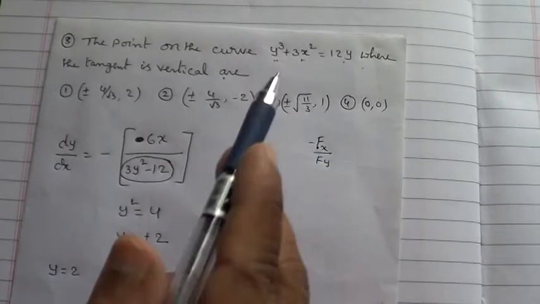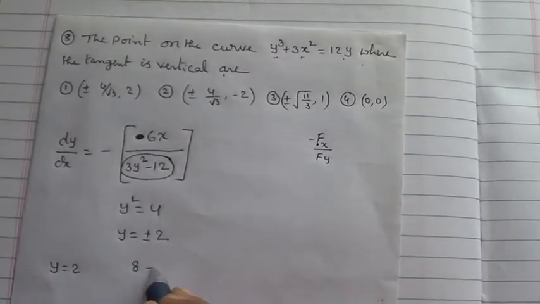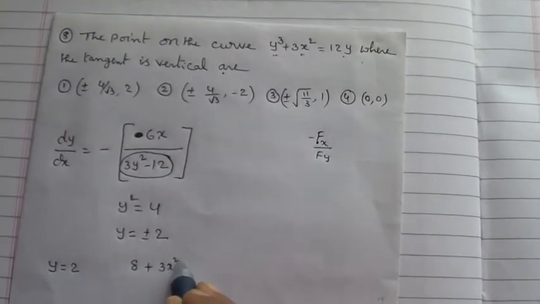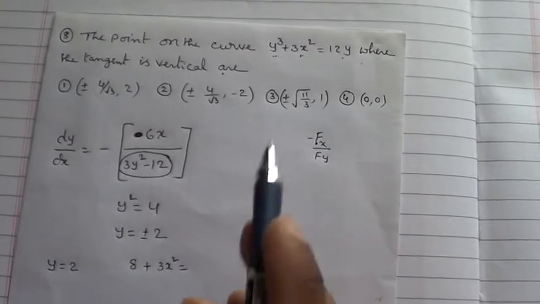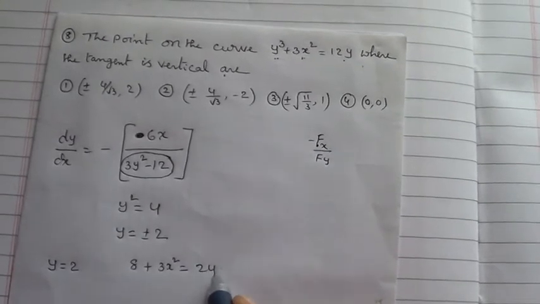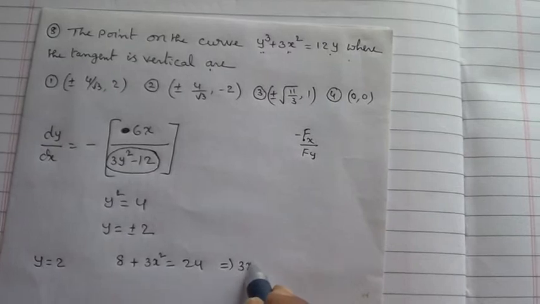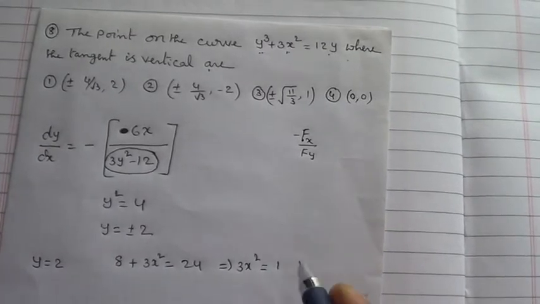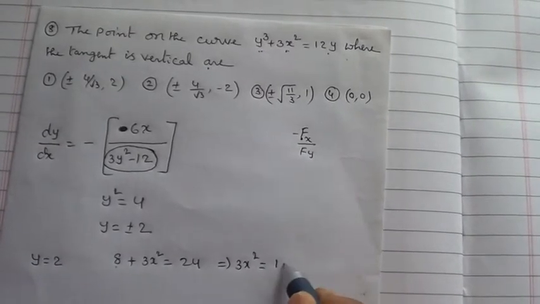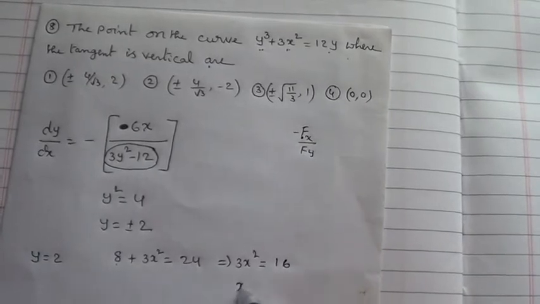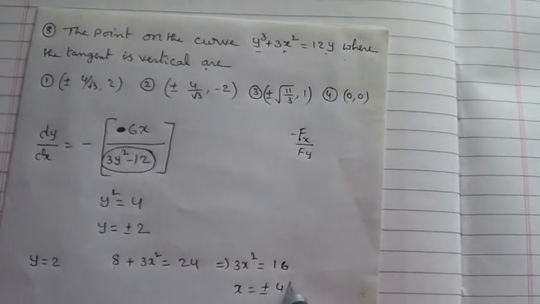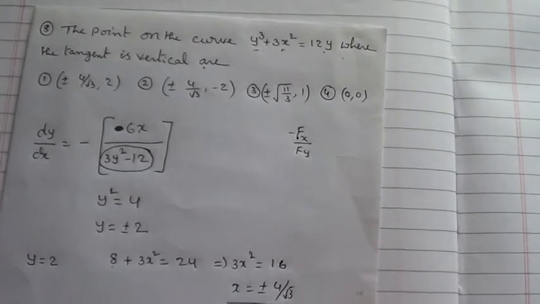When y equals 2, what happens? 8 plus 3x square is equal to 12. 2 fours are 8, so we are getting 3x square is equal to 16, right? Therefore x is equal to plus or minus 4 by root 3.